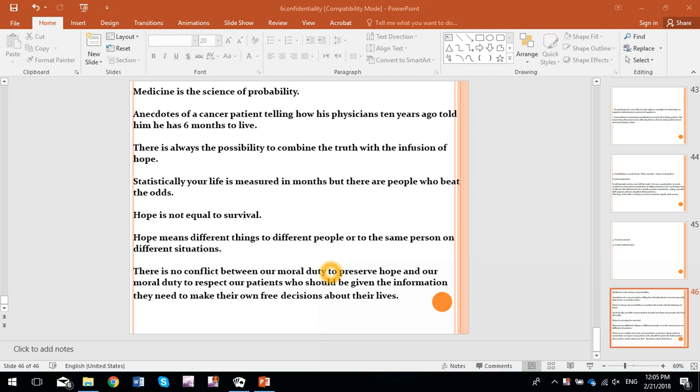Statistically your life is measured in months, but there are people who beat those. What's wrong with telling the patient? Usually people like you, according to statistics or studies, people in your condition usually live months, but there are people who lived ten years. We are talking statistics of months, but there are people who lived more than that.